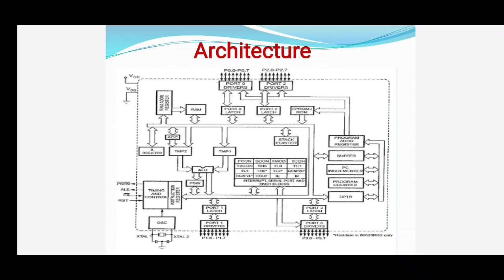The reason for it is that the microcontroller can access 64K of external memory. 64K memory access requires a 16-bit address. DPTR is actually a combination of two 8-bit registers, DPH and DPL.